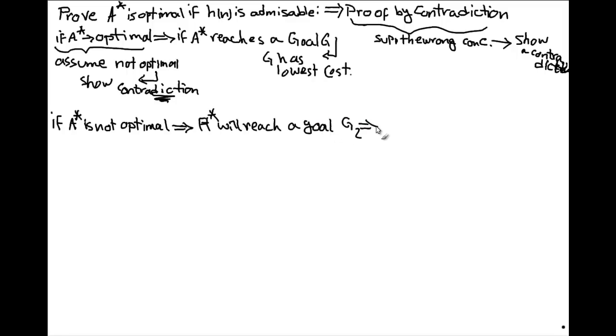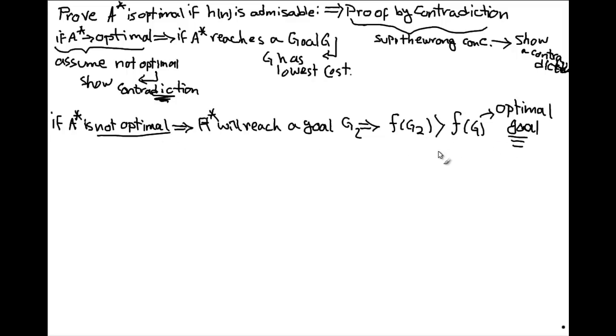Then f of G sub 2 is going to be greater than f of G, if G were an optimal goal. So this is what our assumption of A star being not optimal means. It means that A star will find a G sub 2, a goal whose cost is greater than another goal that would be an optimal goal.